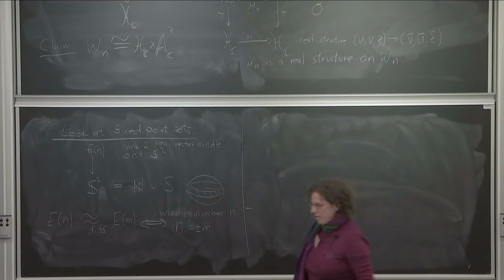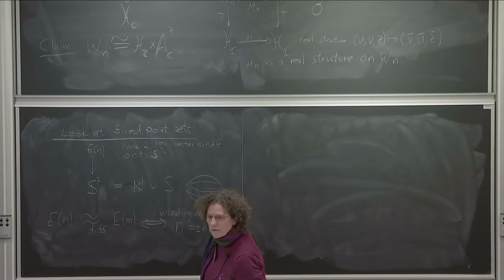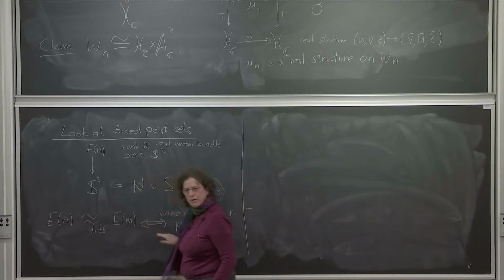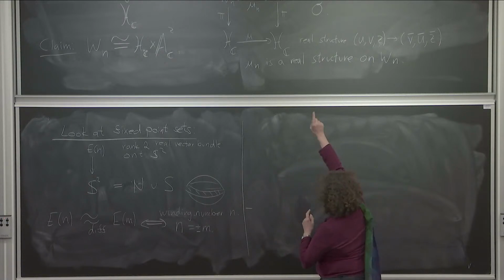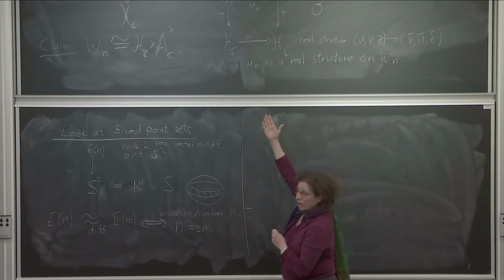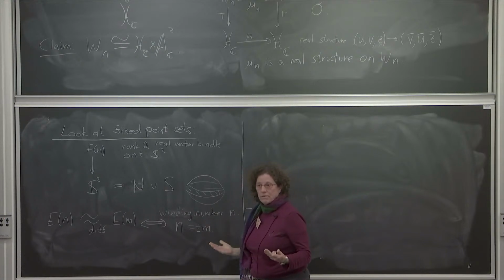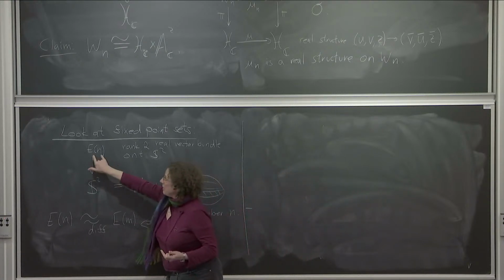So yes. Can you say again? I didn't get why, if you have this one, we're finished. Yes. Because for each n, I have a real structure on the variety, and its fixed point sets are going to be these objects.